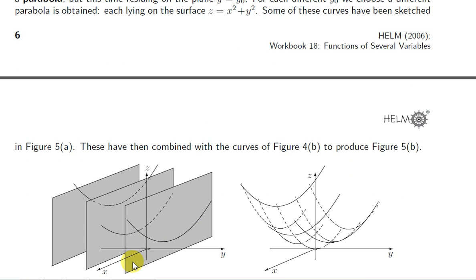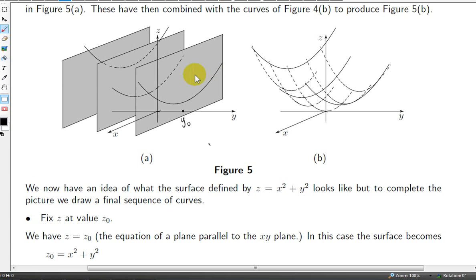and points that have a constant y value lie on planes that are parallel to the xz plane. So this plane here cuts the y-axis at y0. So the equation of this parabola here is z equals x squared plus y0 squared.